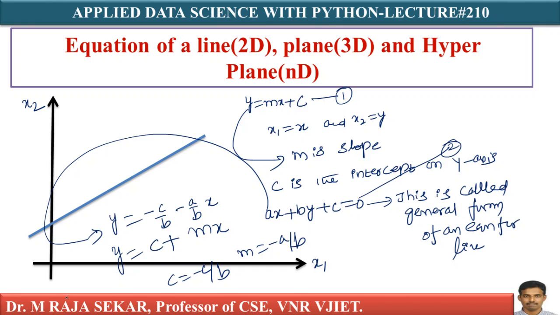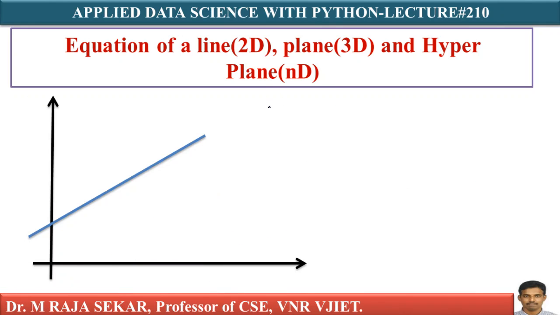Therefore, I can say ax plus by plus c equal to 0 is called the general form of a line. It's an equation, isn't it?